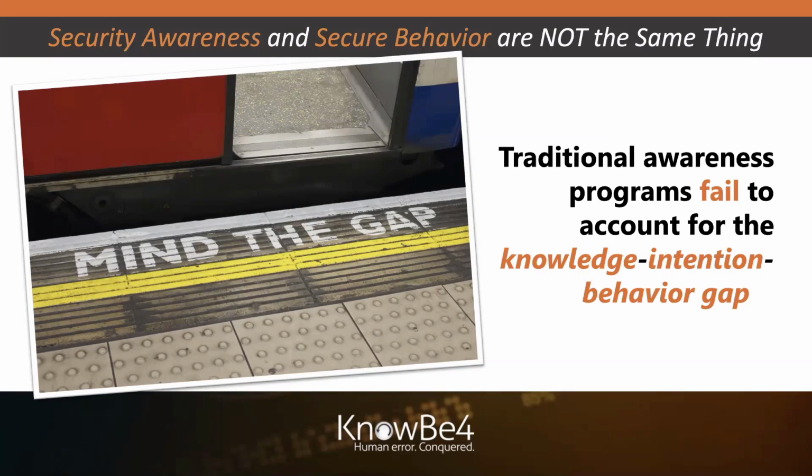There is this thing that I call the knowledge intention behavior gap, which is all about the fact that when we receive information, we don't necessarily automatically care about that information. We receive it and we might intellectually understand it, but for some reason it just doesn't take root to the point of changing behavior.